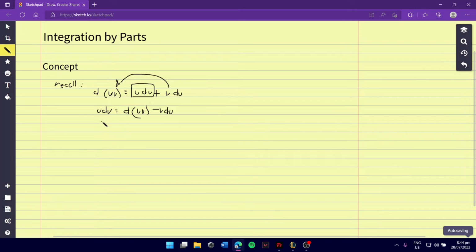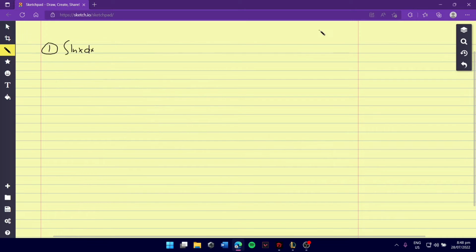If we integrate it, we have the integral of u dv is equal to the integral of, this will cancel out the integral here. So it will only be uv, okay? So minus, copy the integral of v du. So this is now the formula for integration by parts.